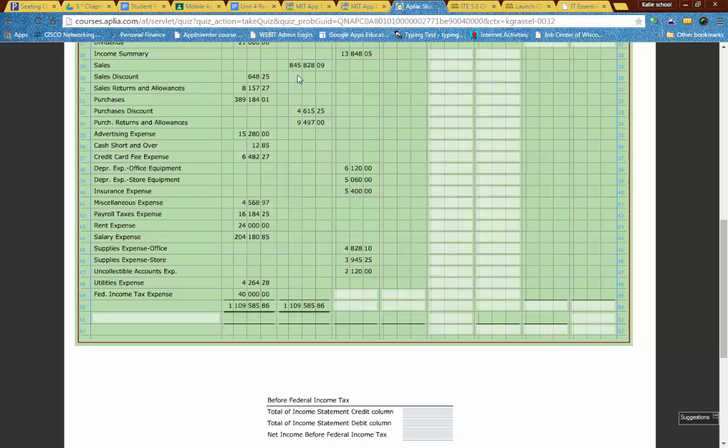We have to calculate our net income, and our net income is going to determine how much our federal income tax is. So you can miscalculate your net income, which will throw off your federal income tax, which will throw off your worksheet. Does that make a little bit of sense? Think about it. Your taxes are based on how much money you've made, right? The same thing is going to be true for a business.